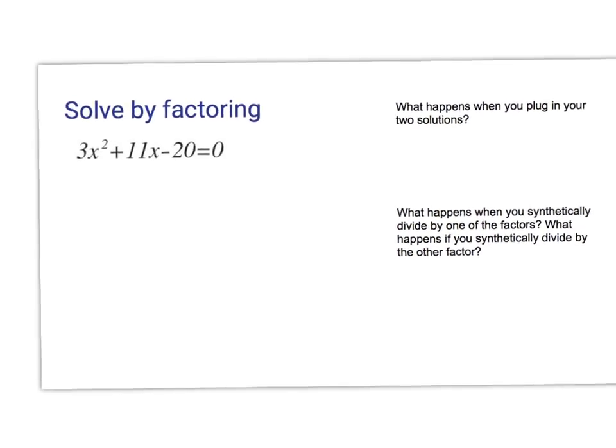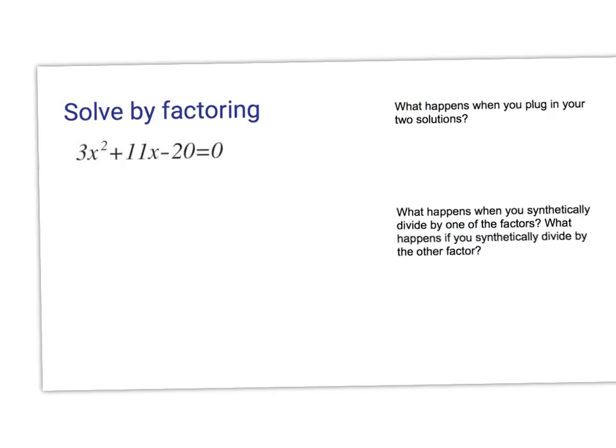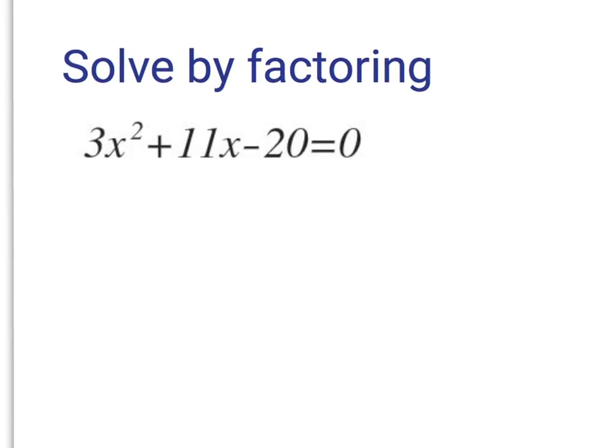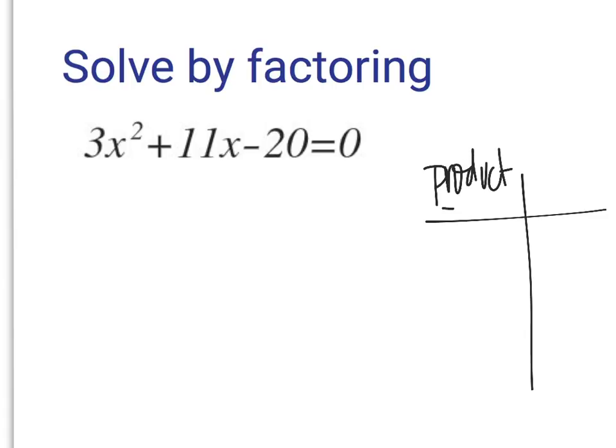So if I'm supposed to solve this problem by factoring, just to help you solidify what this means, I have 3x squared plus 11x minus 20. Well, first of all, I know this factors because on my product-sum chart, my product needs to be negative 60, my sum needs to be 11.